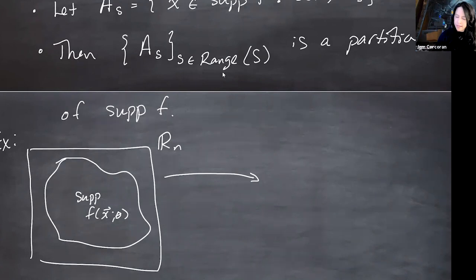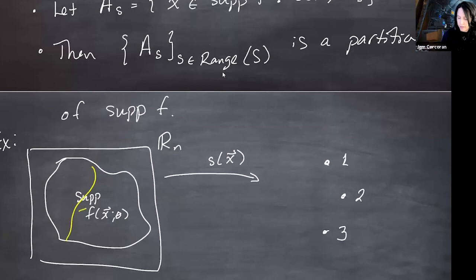I went back to that S again, S of x. So say it could only map to 1, 2, or 3. Then I can break up the support into 3 sets. They won't necessarily be contiguous, but I would call them A1, A2, and A3, A1 being everything that maps to 1, A2 being everything that maps to 2, etc.